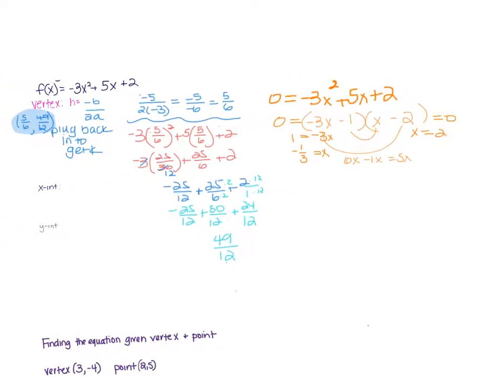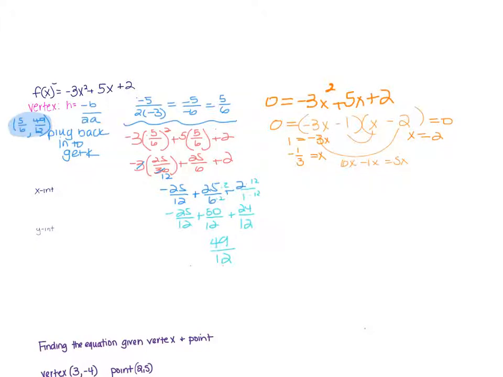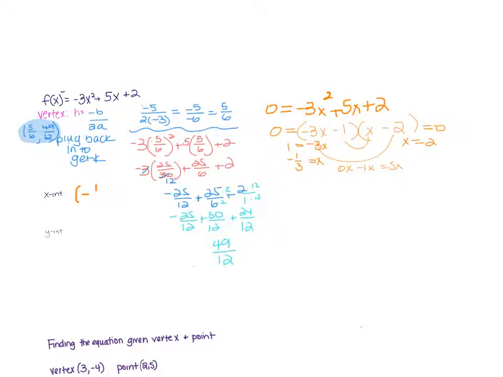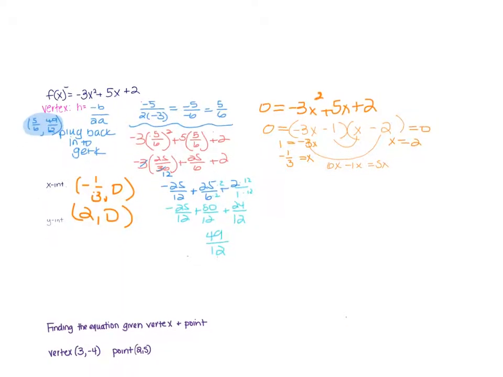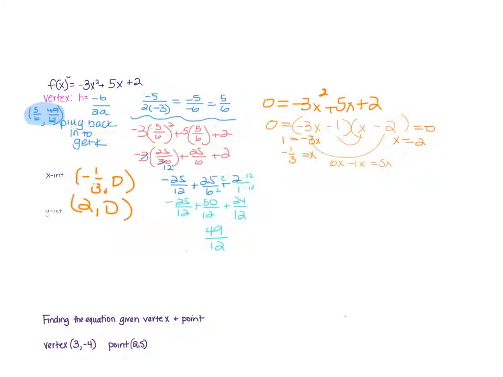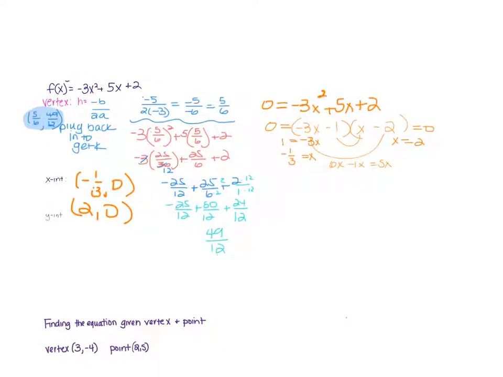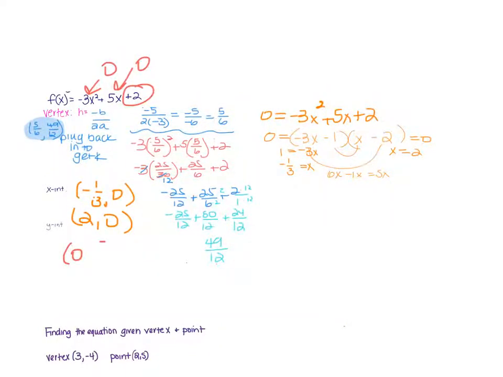Those are my x-intercepts. And then the y-intercept is super easy to do when it's in standard form. In quadratic form, if this is 0 and this is 0, then the y-intercept is just the number that's by itself. So it'd be 0, 2.